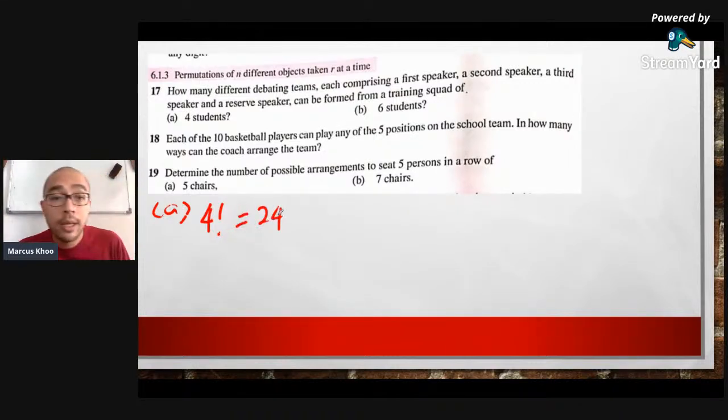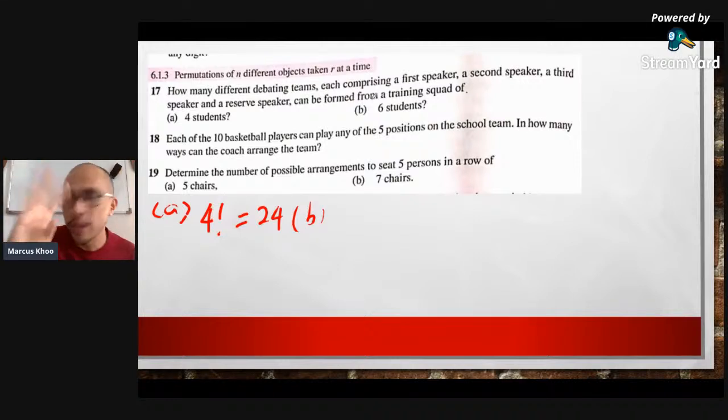B. What if you have 6 students? Let's say in my training squad, I have 6 students. I only want to choose 4. This one everybody knows. If you want to pick players, say you have 23 people who come for the training, but you only want to pick 11, how many different arrangements can you have?